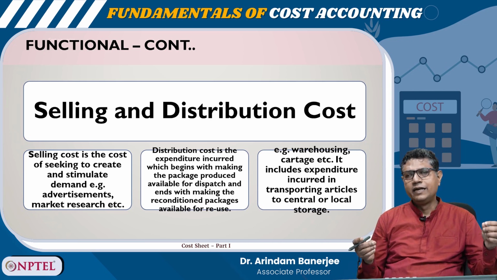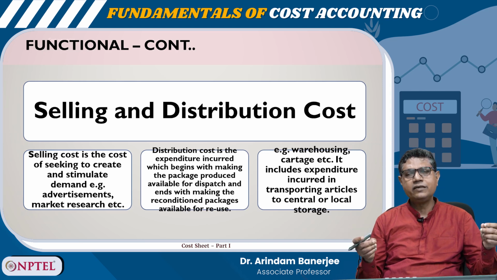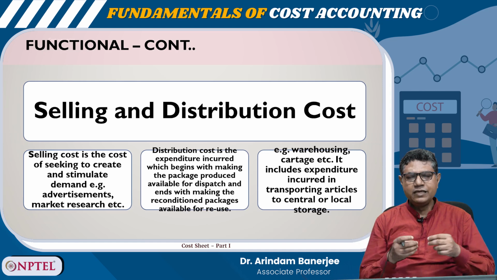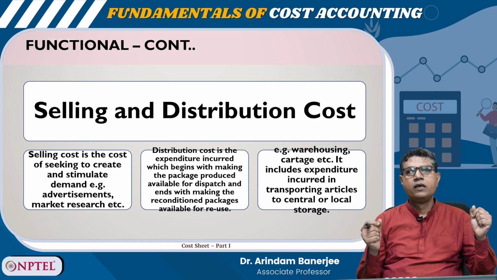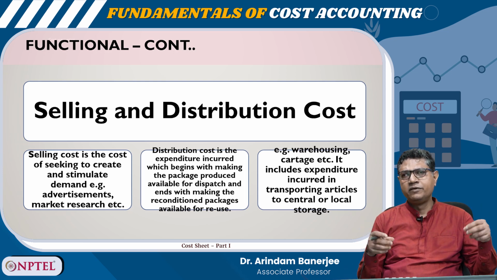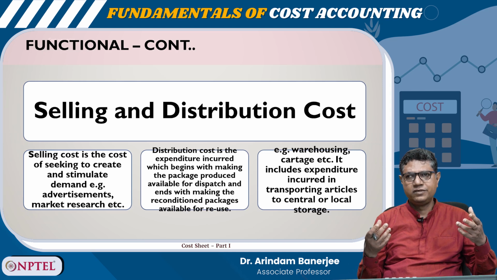So there is a link between the end consumer and the production hub, the factory. Who is the link? The selling and distribution division. And for selling and distribution, they incur a cost.